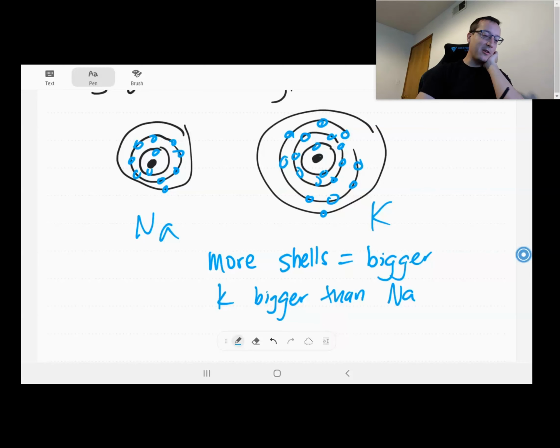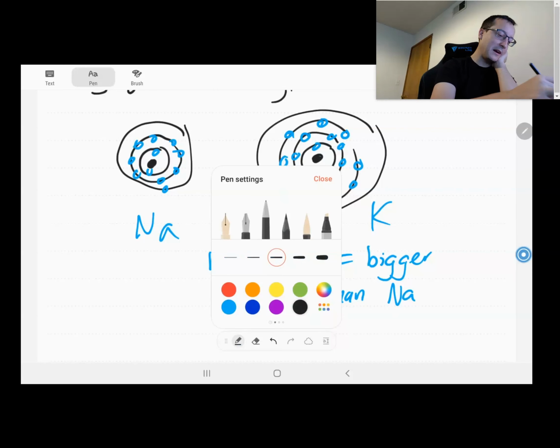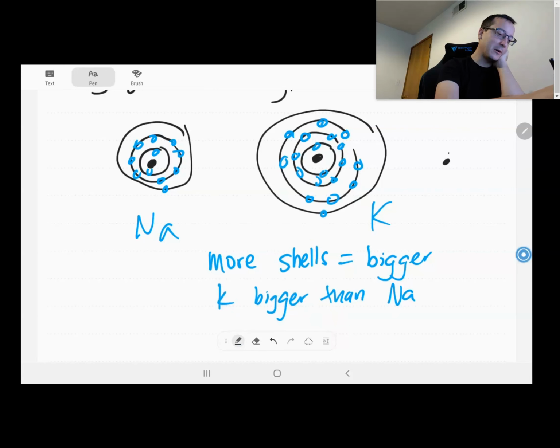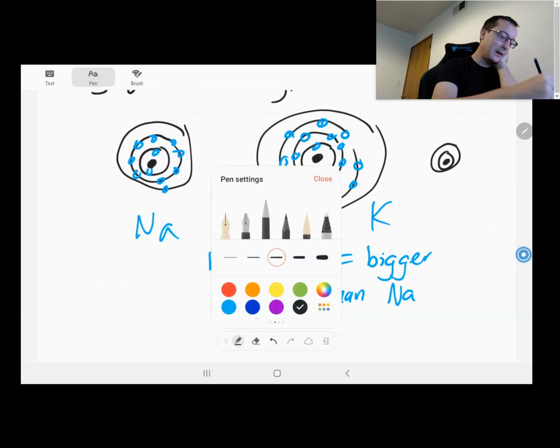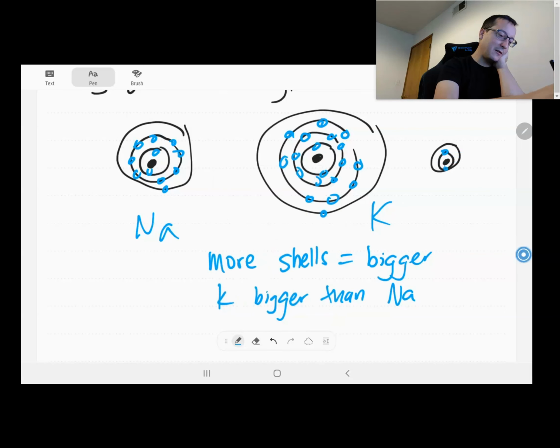So it's definitely smaller than both because it's really the same thing, except now it only has 2 rings around it, right? So we have little lithium over here. Of course these are exaggerations, but we can see that lithium is the smallest one of those 3, because it has fewer shells.